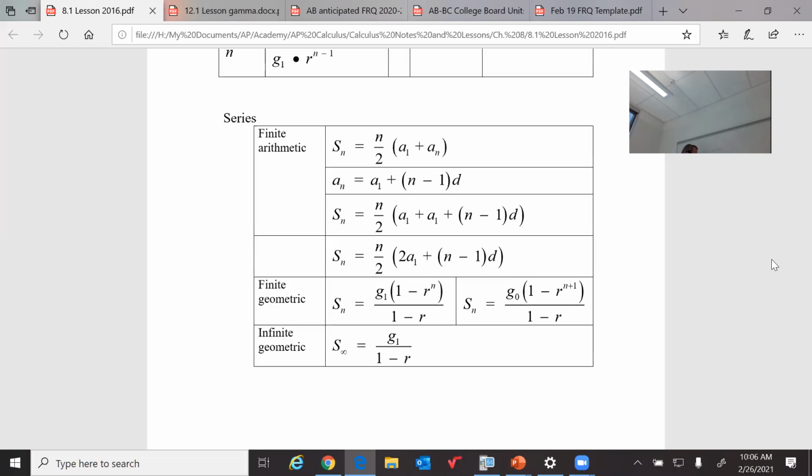Everything else inside subtracted. What's this? This is g sub 1. Subtract r times g sub n. Factor it out. g sub n times 1 take away r equals g sub 1, subtract this.